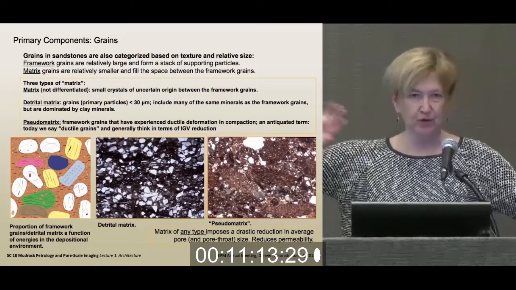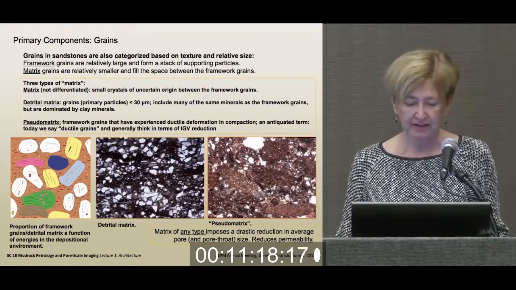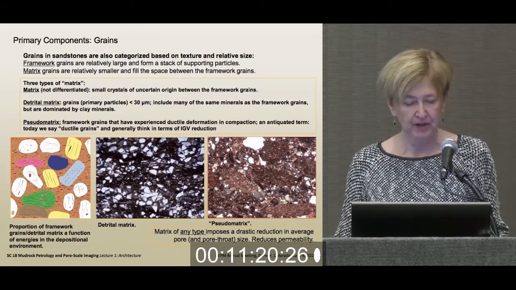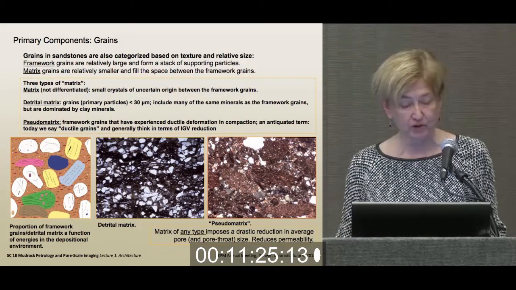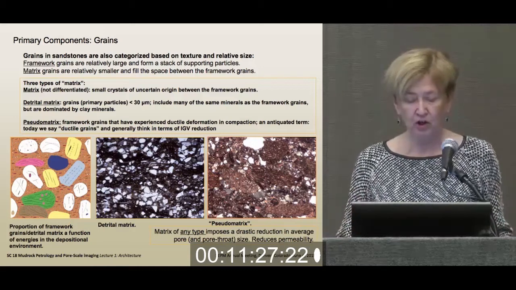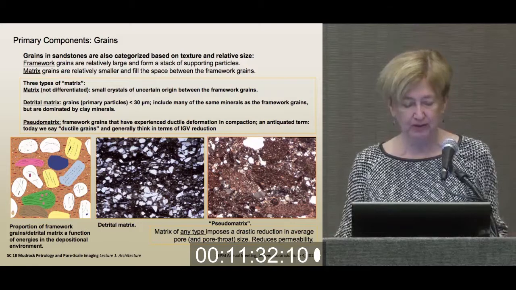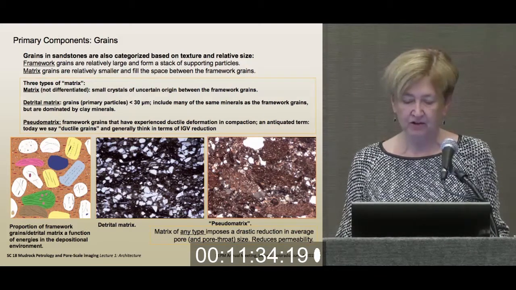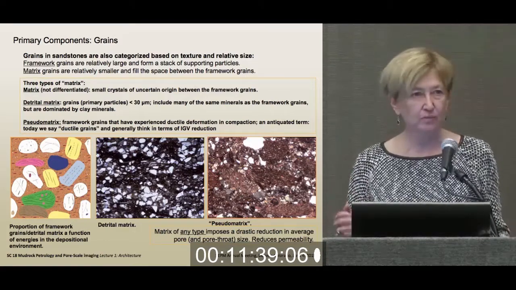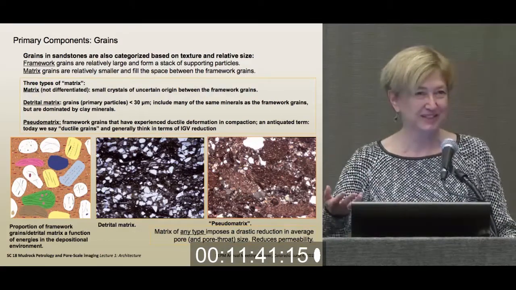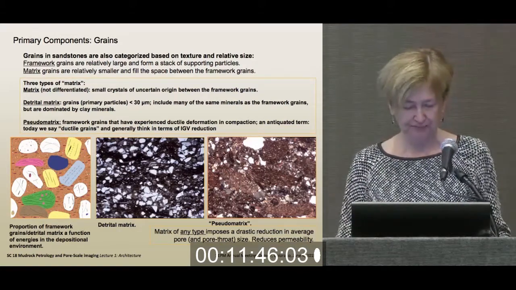Well, we've sort of abandoned greywackes because now we realize that textures like this arise from compaction. So we have detrital matrix that has uniform distribution of uniform material in the spaces between the framework grains, and then we have so-called pseudomatrix. Even the term pseudomatrix has kind of fallen out of use because people simply recognize what it is, and they say, oh, we have a sandstone with ductile deformation.